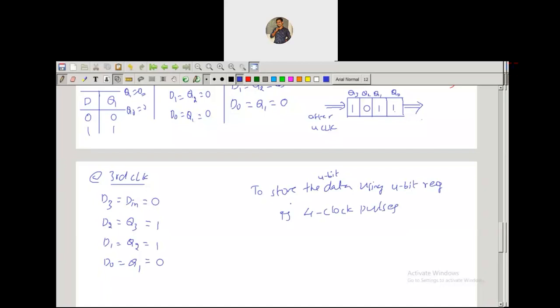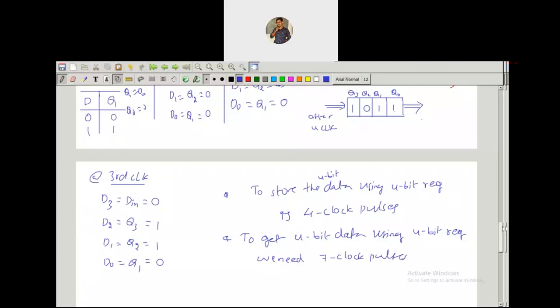And also, to extract the 4-bit data using a 4-bit shift register, we need 7 clock pulses.